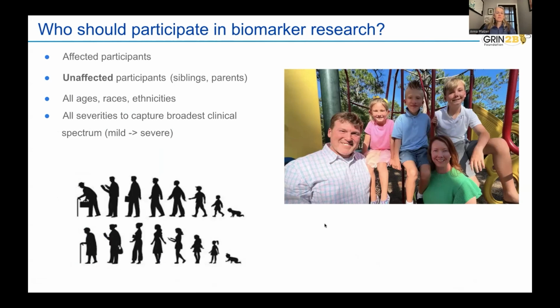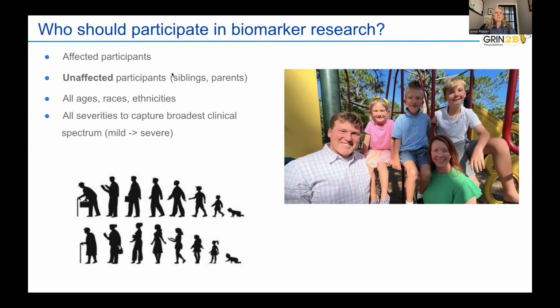Okay, so one of the most important questions and something that I always want to make sure I highlight is who exactly should participate in biomarker research? So most people are probably very aware that samples from affected participants are incredibly important. But one thing that I think goes often unappreciated is that samples from unaffected participants are almost equally as valuable and important.